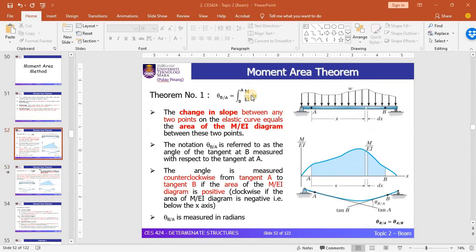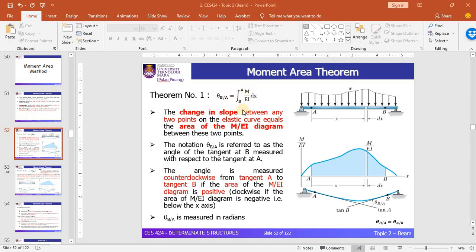Let's discuss how the first theorem is established. The equation is given by theta BA equals the integration of M over EI, where M is the moment and EI is the flexural rigidity, and we need to conduct integration in order to calculate the value of rotation in the beam.